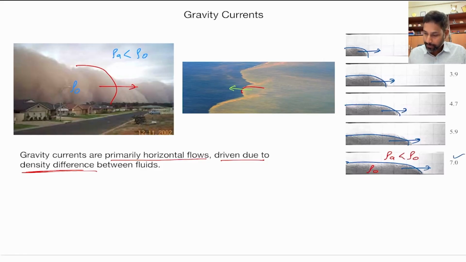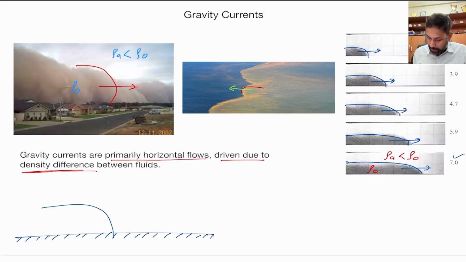So what exactly is happening here? Let's assume this is the gravity current, where this is the impermeable boundary or solid boundary, and this is the gravity current of density rho naught, and outside density here is rho a, and this gravity current is flowing in the horizontal direction.